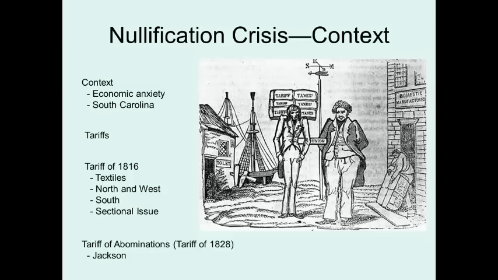And so this is making people feel a lot of economic anxiety. The economy's changing. We're not sure what it's changing to. A lot of Americans can't keep up with it. So there's a lot of economic anxiety being caused by this market revolution. This is especially true in South Carolina.